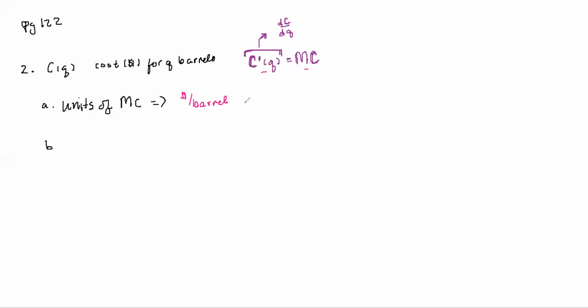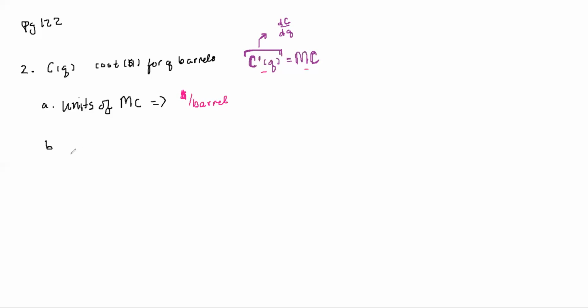How is C going to change? Well, C is going to change based on the derivative, and it's going to be in dollars per barrel. That makes sense? Awesome. So for every barrel of olive oil, what is the cost of adding one more? Cost per barrel.